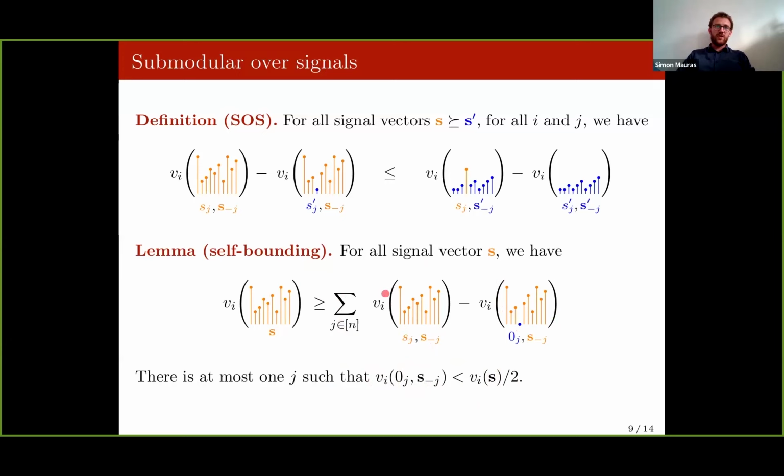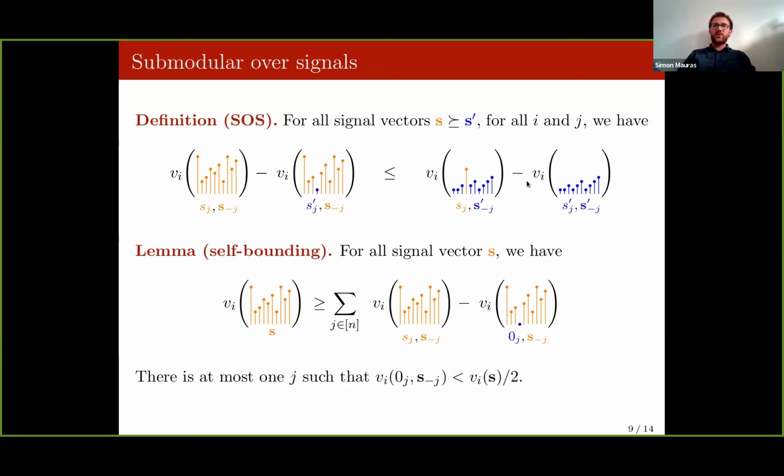So it would be a contradiction. So using SOS, from now on, we're going to assume valuation functions are submodular. We're going to use the property that this implies self-boundingness, and we're going to use the property that for each person, at most one other agent can decrease significantly their value by a factor 2 or more.